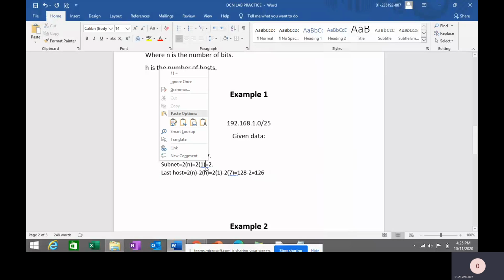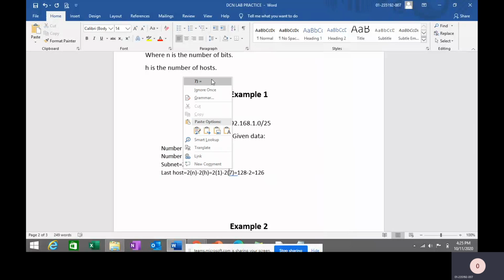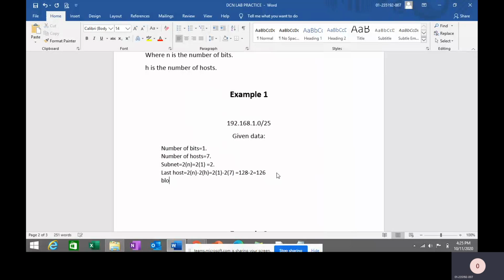Now I also need to mention the size of the block. How will I do that? There's a process for solving that. We will calculate a formula based on the block size. In the block size, we will subtract the number of hosts from the total.